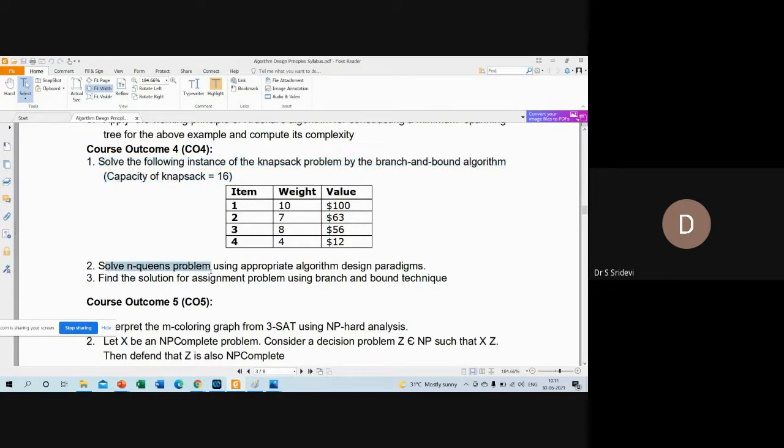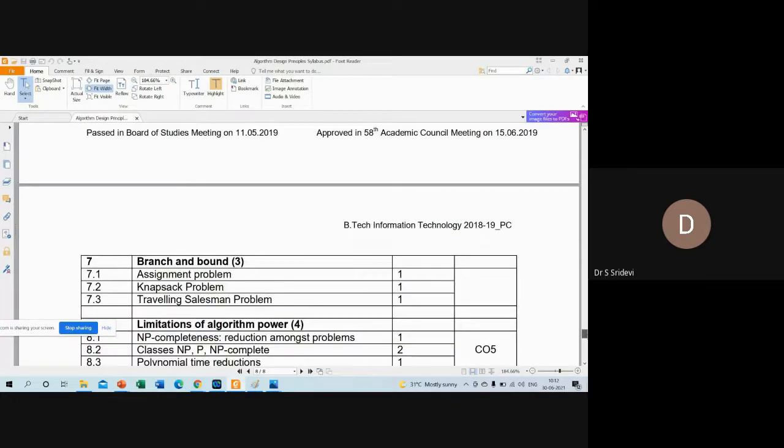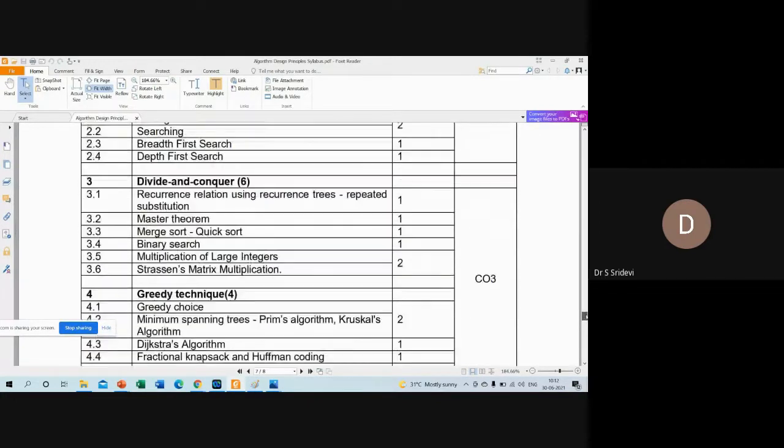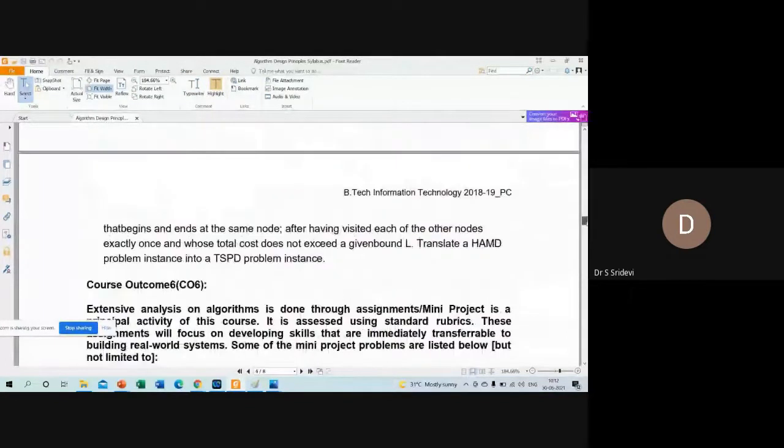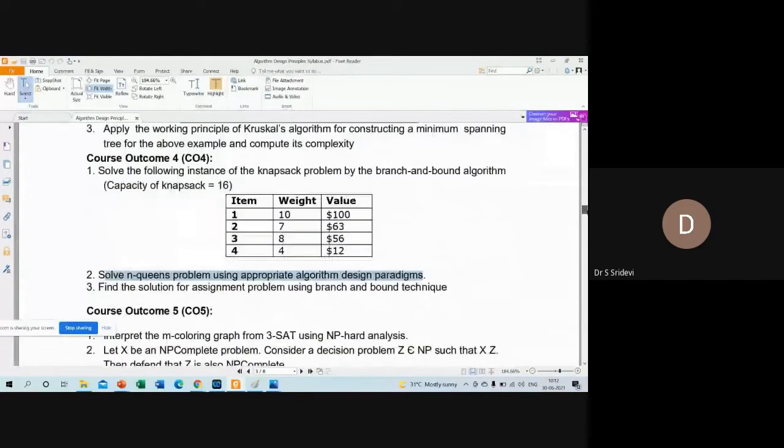Solve the n-Queens problem. Which topic does it come under? The n-Queens problem comes under backtracking, isn't it? We have already discussed the 4-Queens problem, but this is a generic one, so you can write the algorithm in general.